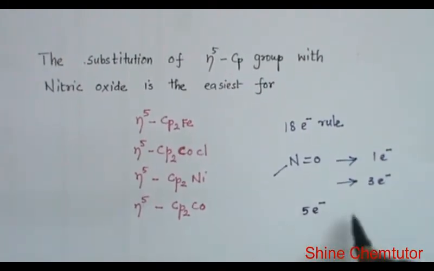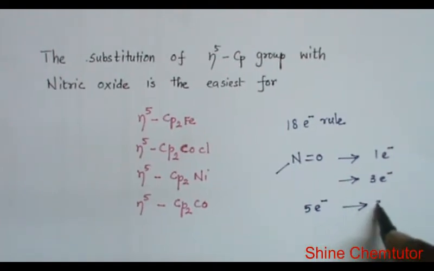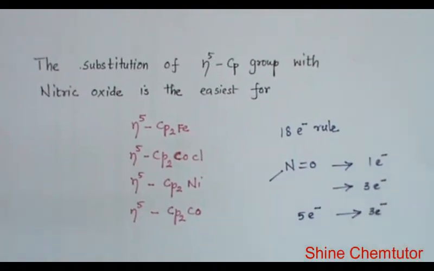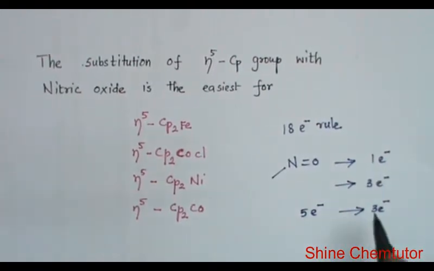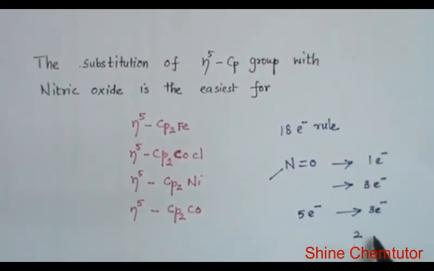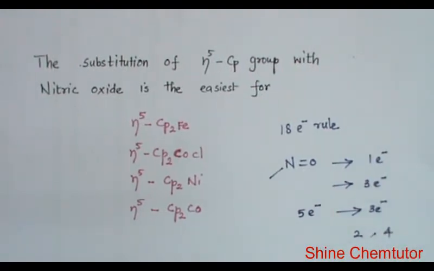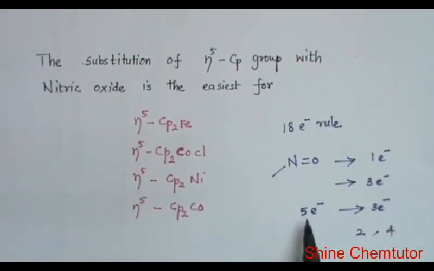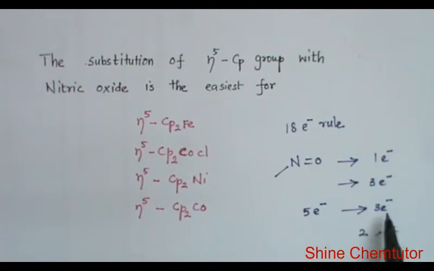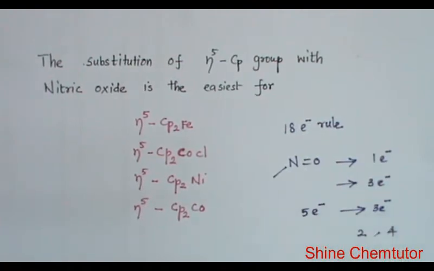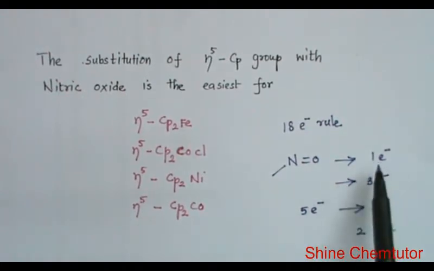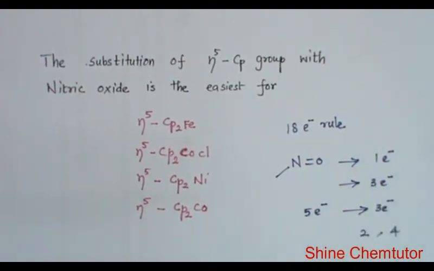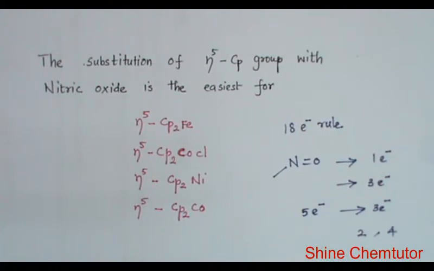I am going to replace that with either a 1 electron donor or a 3 electron donor, so the difference will be 2 or 4. When I replace eta 5 Cp with 3 electron donor nitric oxide, the difference is 2. When I replace it with 1 electron donor nitric oxide, the difference is 4.